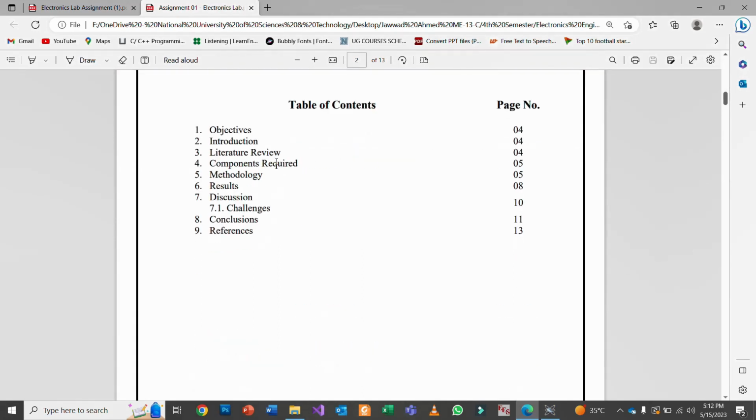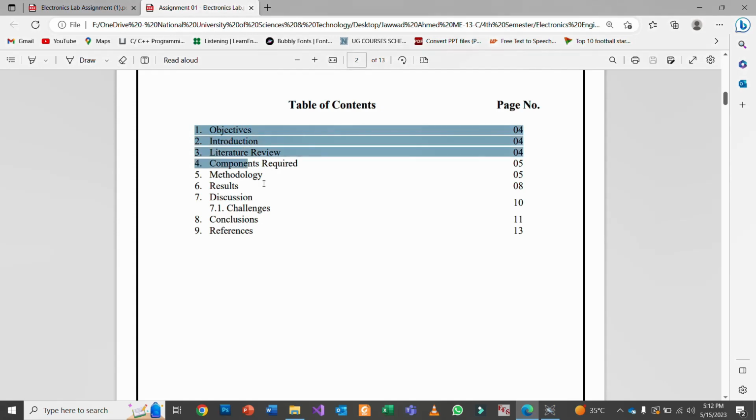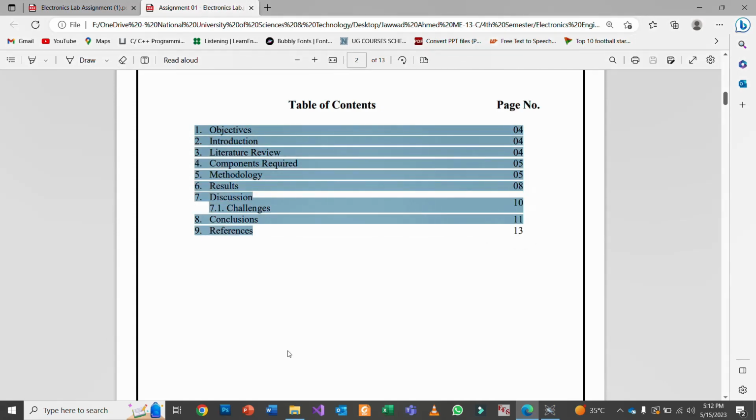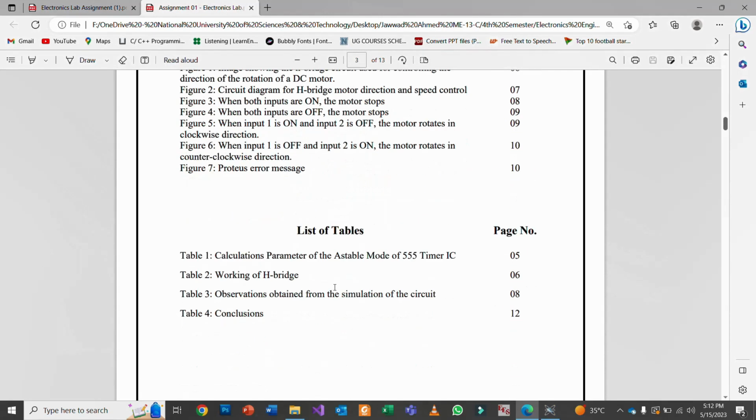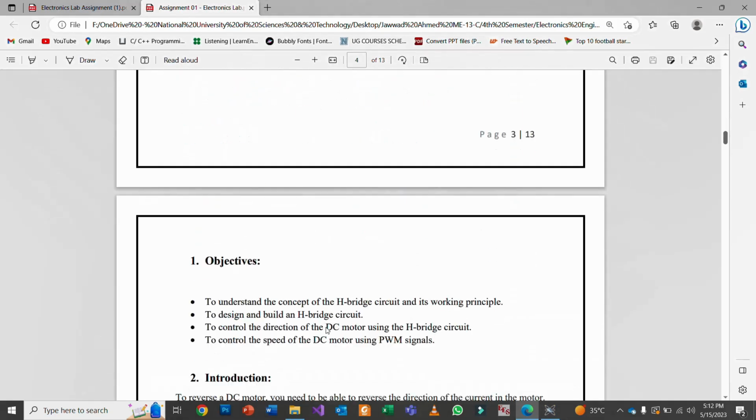So this is the report. Here we have the table of contents, where all the things present in the lab report are mentioned. After that we have a list of figures, because in this report we used a lot of figures, and then a list of tables.